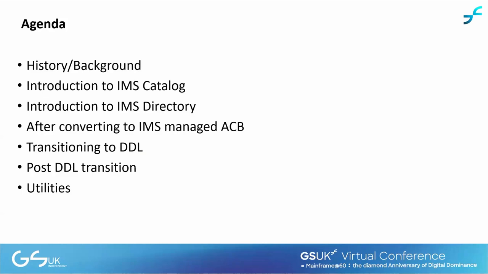So how it will look when you transition to DDL, and eventually one day in future when everything is transitioned to DDL, when DDL is mandatory, how life will look and how the utilities are impacted, how different vendor utilities or applications are impacted by catalog and managed ACB. So that's going to be a short and sweet agenda, but I think it's important to cover this, which is coming very fast in IMS, as you all know.